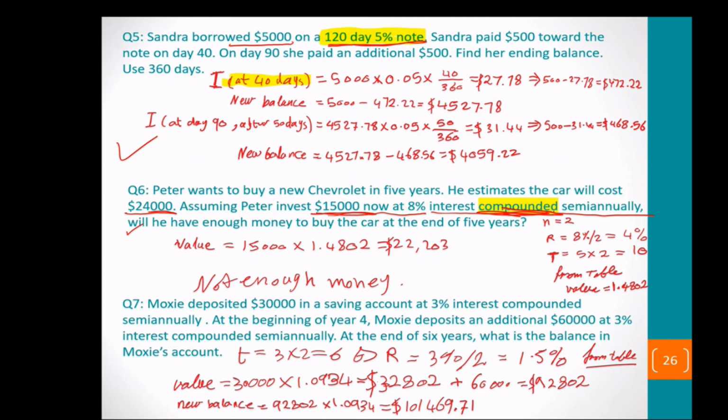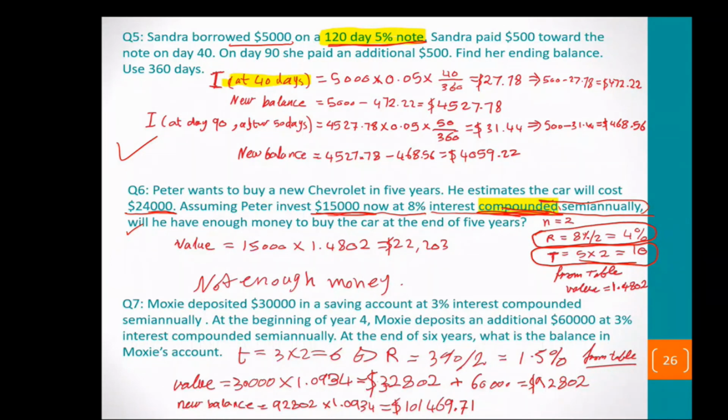Okay, how many periods? This is semi-annually, 5 years, 5 times 2 is 10. This is 10 periods. What's the rate? 8%. Semi-annually, 8 divided by 2 is 4%.